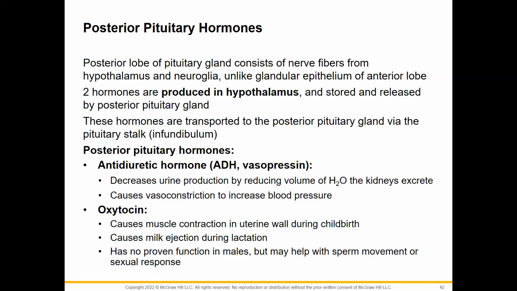It is going to store and release the two hormones that are produced in the hypothalamus, and then basically deposit them into the posterior pituitary, so that they're released when needed. These hormones are transported to the posterior pituitary via the pituitary stalk, or the infundibulum.